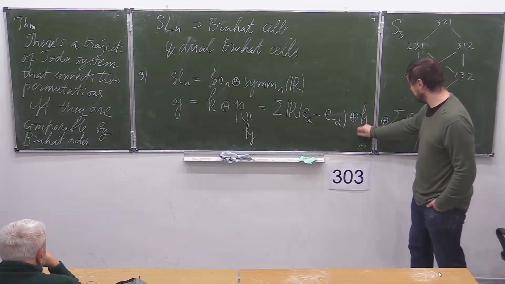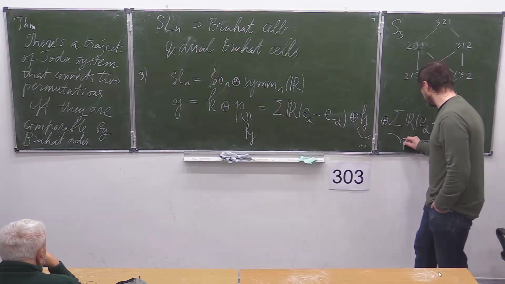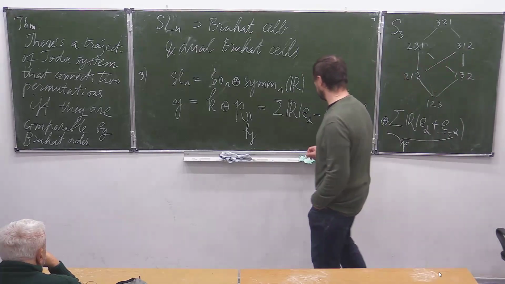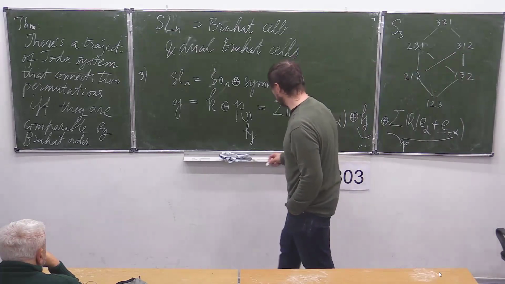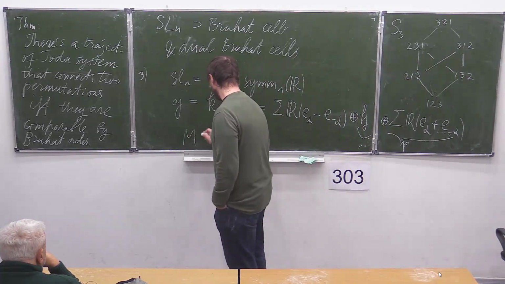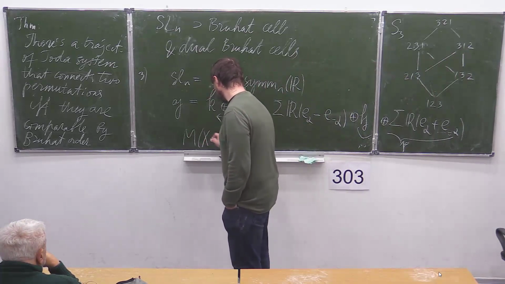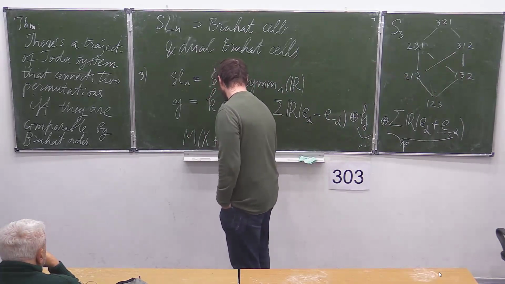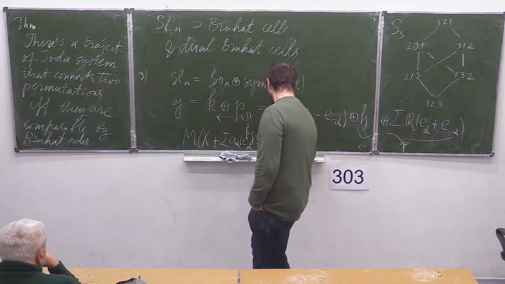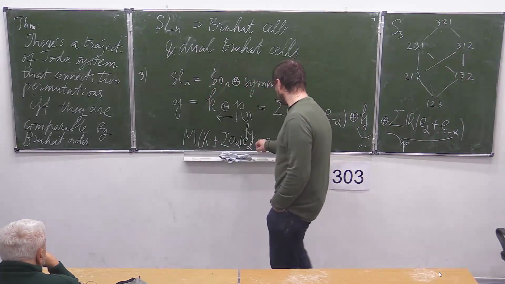So this is P. And then we have a projection M from P onto K, which deletes the Cartan part and changes the sign of the minus part.